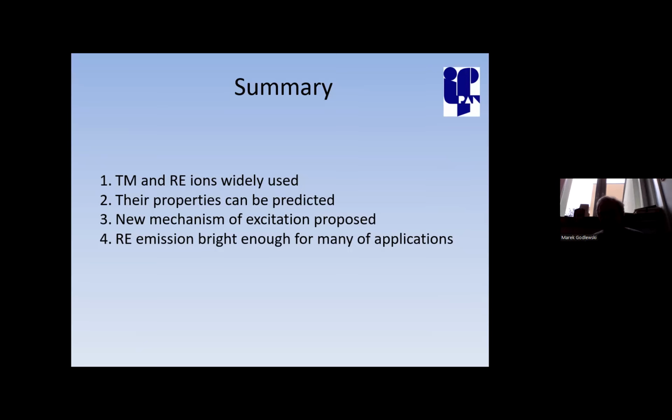We find that we can pump energy from the host to these ions, which can be quite important and can be the reason why they finally can be used for some practical devices, not only due to d-f emission, but also f-d excitation, but also the way we just pump the host.